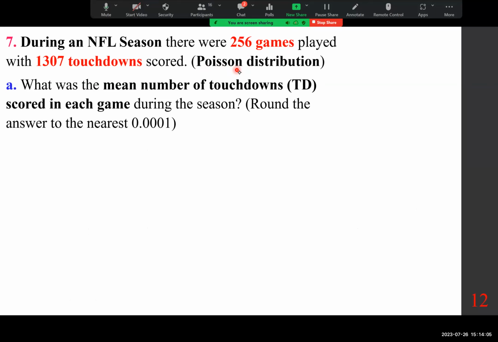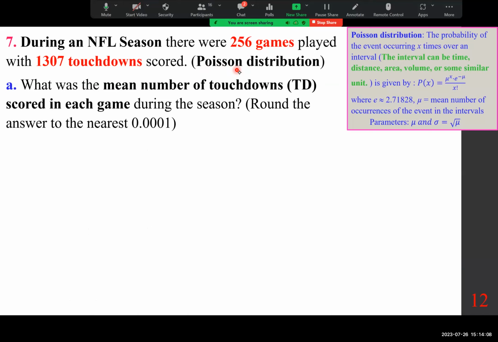And so let's first see what is a Poisson distribution. Poisson distribution, the probability of the event occurring x times over an interval. The interval can be time, distance, area, volume, or some similar unit, is given by P of x equals mu to the power of x, e to the power of minus mu over x factorial, where e is the base of a natural log, 2.71828.